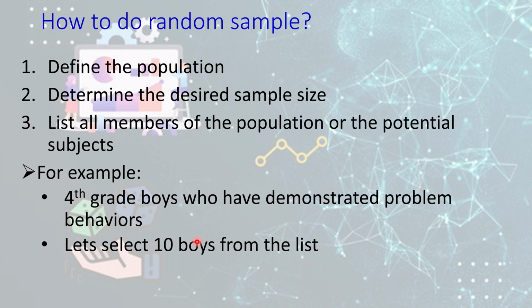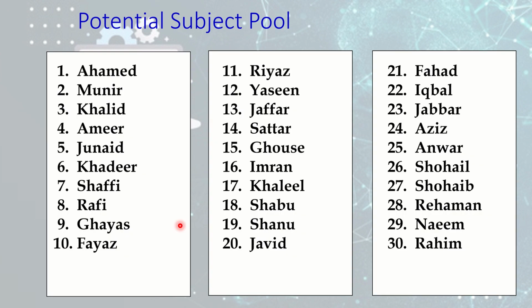This population is usually called the potential subject pool, and we want a random sample from it. How do we do that? You simply select any one of them. You can say, okay, I'm selecting Khalid, I'm selecting Shafi, I'm selecting Fayaz, and so on. You can call their roll numbers as well. You can say, okay, 4 is selected.